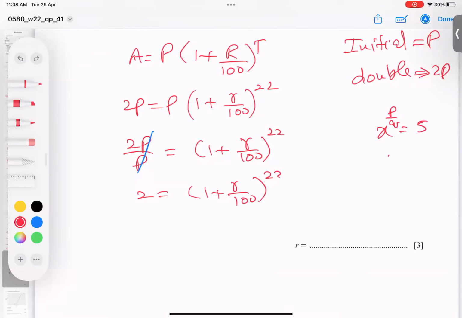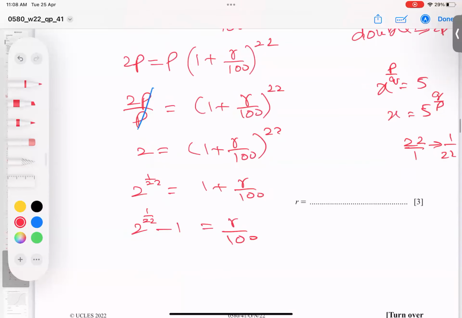Then this power goes there as power q by p. p by q becomes q by p, it flips, and no sign will change. 22 will go there. It has nothing under it, it means 22 by 1. So it becomes 1 over 22. So it means 2 to the power 1 over 22. Now this one will go and subtract. And now this 100 will multiply the whole thing like this.